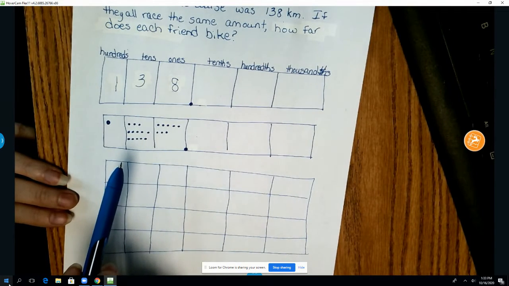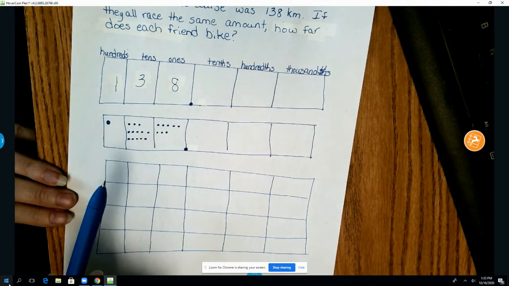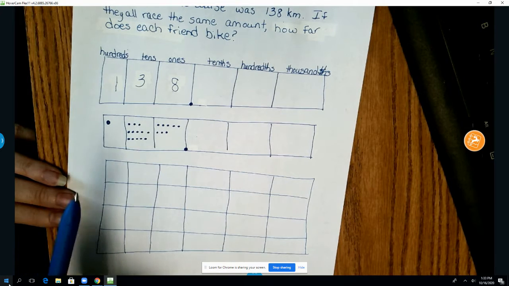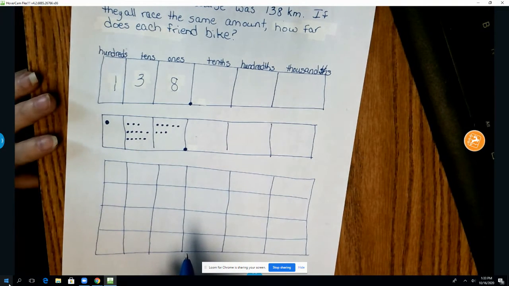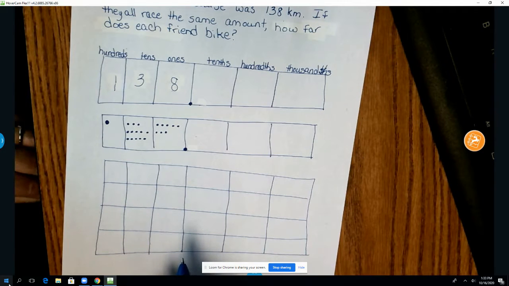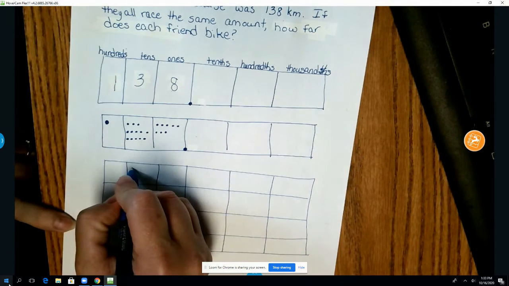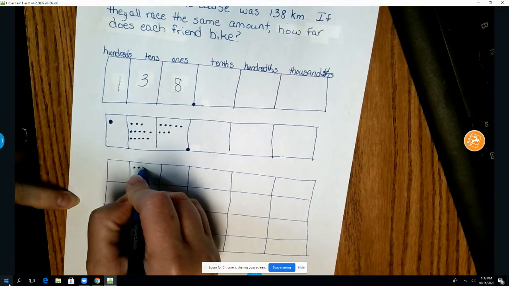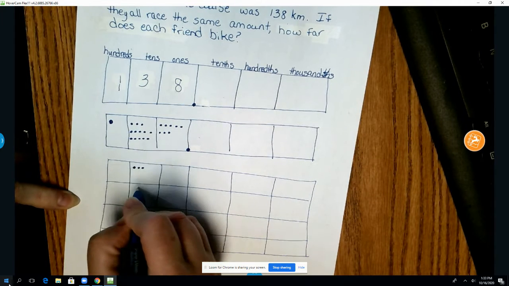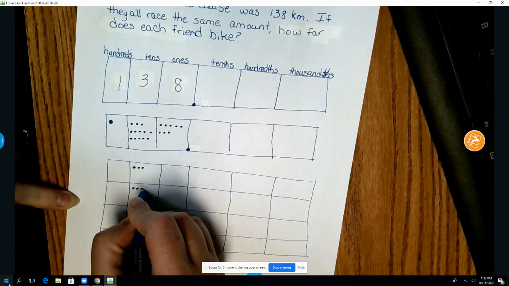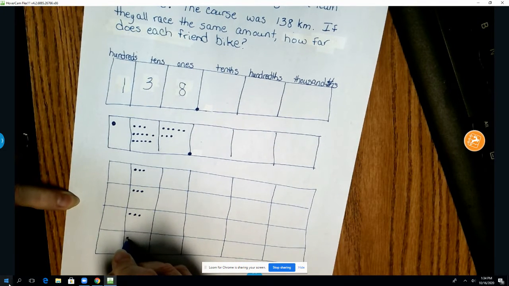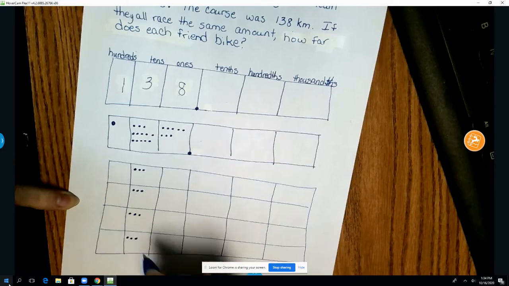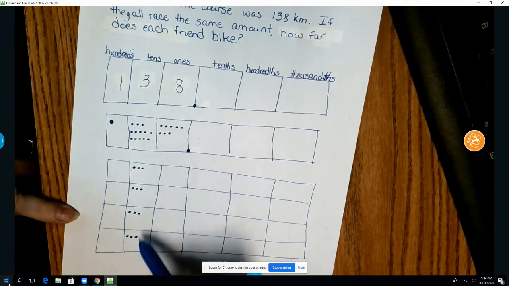Well, I know that 12 divided by 3 is 4. And 12 is not more than 13, so I can make 4 groups of 3. Four groups of 3 are 12.